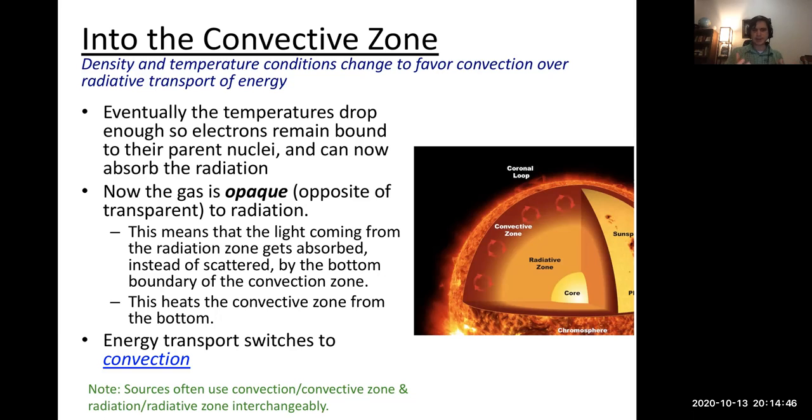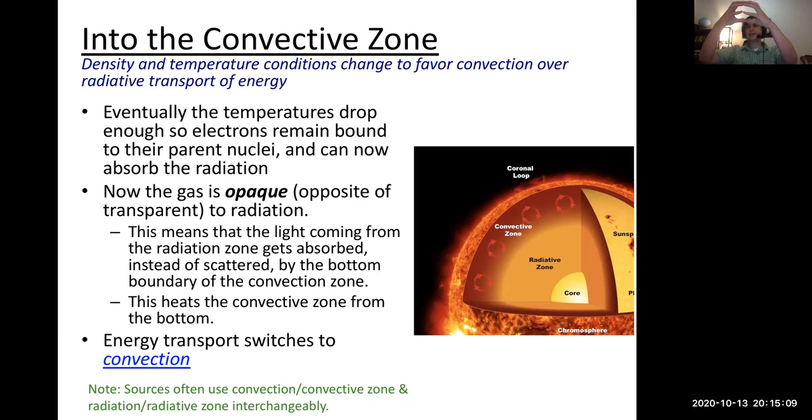And whenever you have something that's hot on the bottom, and then it gets less dense and cooler as you go up, then that is the correct situation to set up a form of energy transportation. Go see the notes for details, called convection. You can think of boiling water, where as it heats up, it becomes less dense and will float up, it will rise up.